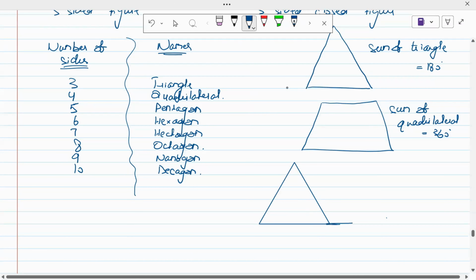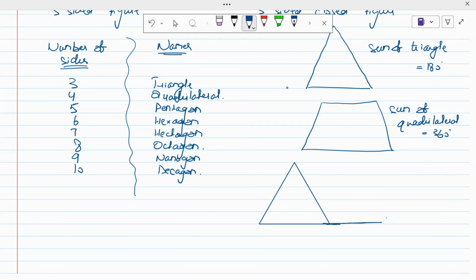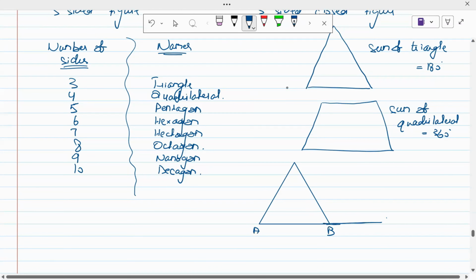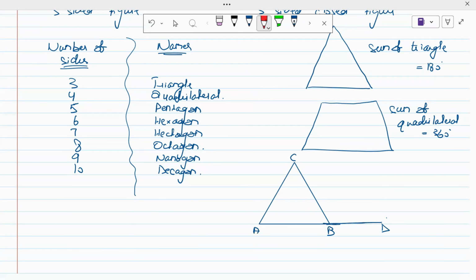And I am extending this side of the triangle, and I'm naming the points A, B, C, and D. Now for this triangle and this extended side BD, we have three interior angles. Interior angles means the angles inside the polygon, or the angles inside the closed figure. So this angle is an interior angle.